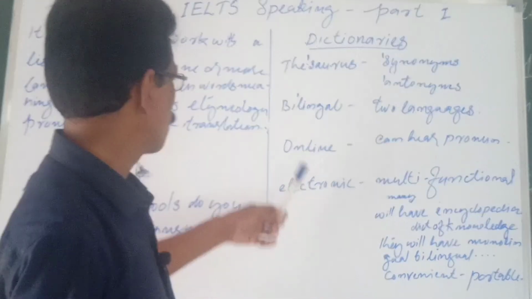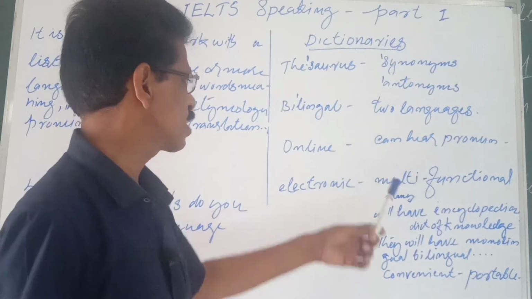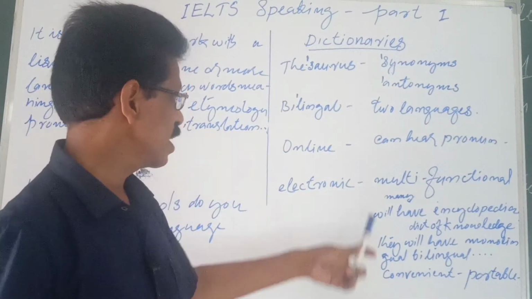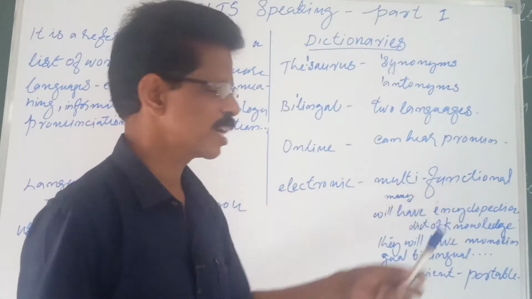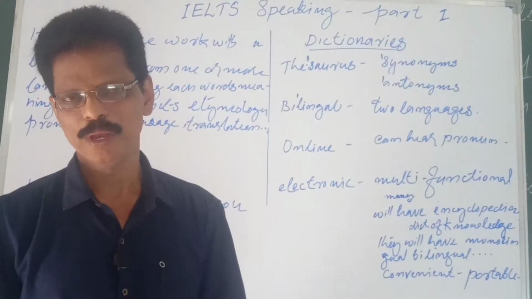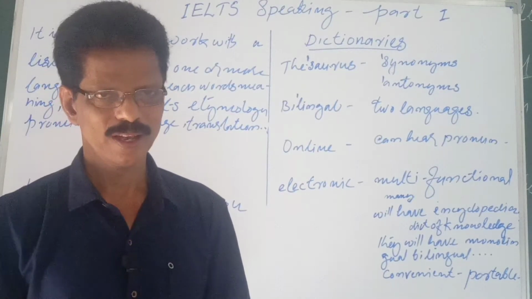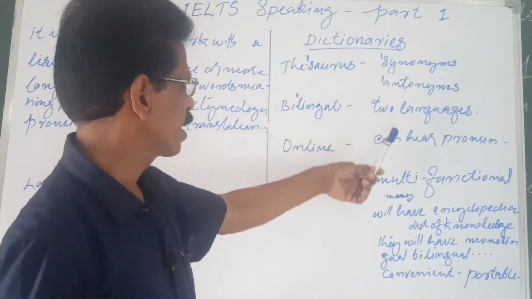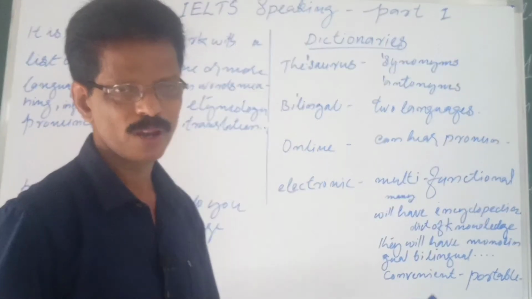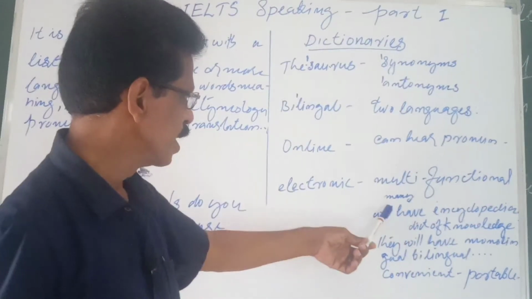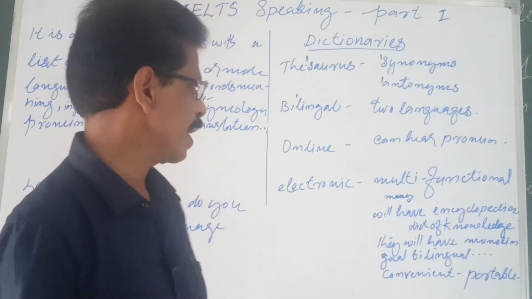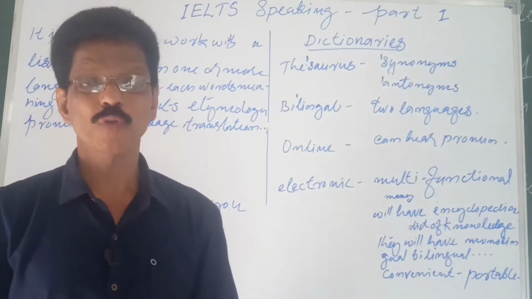And the fourth one is electronic dictionaries. Electronic dictionaries are multifunctional. Multi means many. Many functions are there, which means that it will have synonyms, antonyms, explanations, all those things. In addition to that, it will have an encyclopedia, which is a store of knowledge.